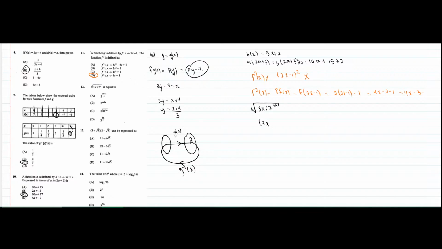There is 3 multiplied by 3 to the 3m all to the power 1 on n. 3 to the power 1 plus 3m all to the power 1 over n. Multiply it. So I get 1 plus 3m all over n. 3 to the power 1 plus 3m is the same as 3m plus 1 all over n.